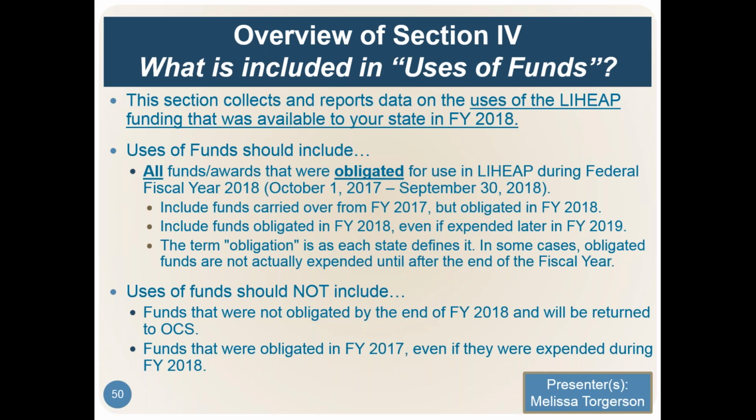And so uses of funds should include all funds and awards that were obligated for use in LIHEAP during the federal fiscal year 2018. And we have the dates here again. As Dan mentioned, this includes funds that were carried over from 2017 but obligated in 2018. It should include funds obligated in 2018, even if they're expended later in 2019.